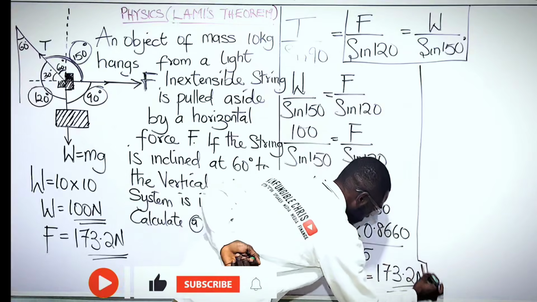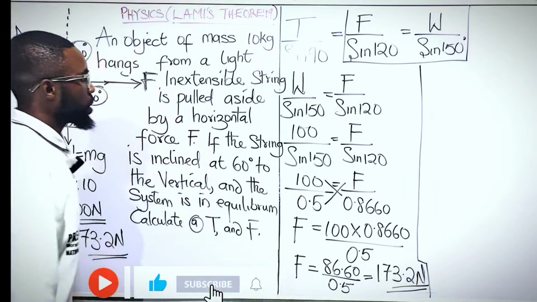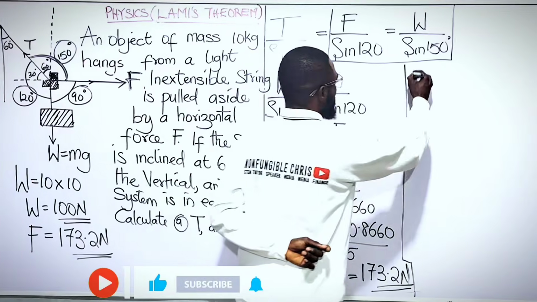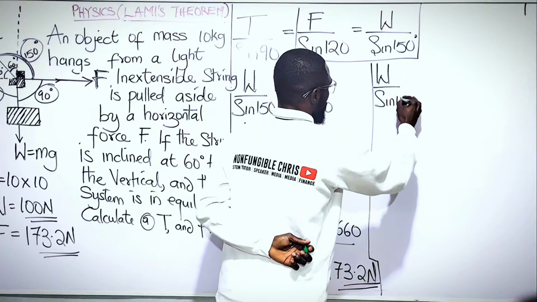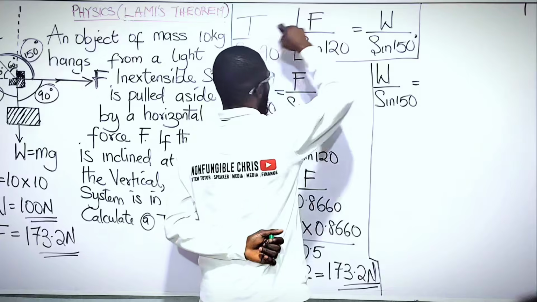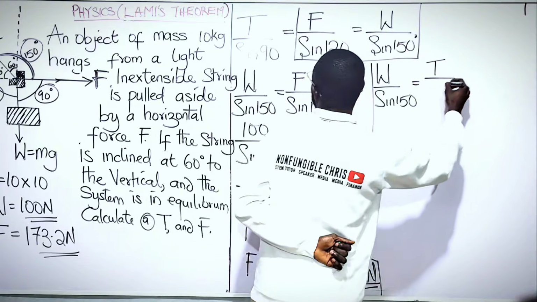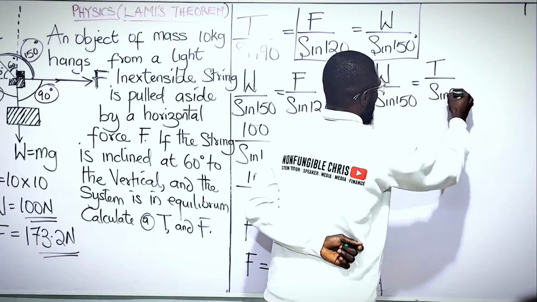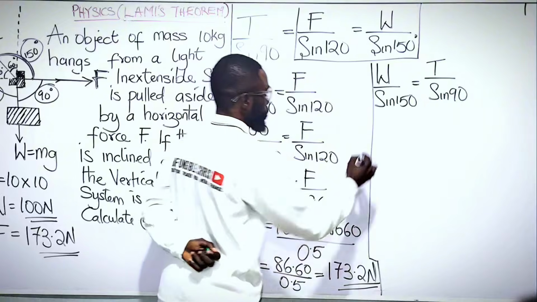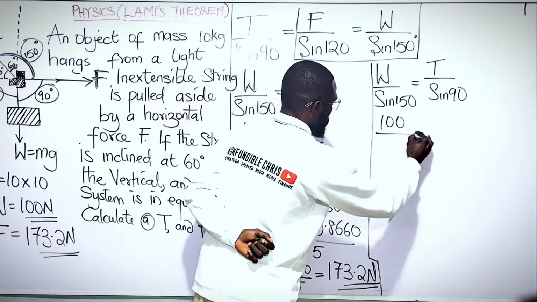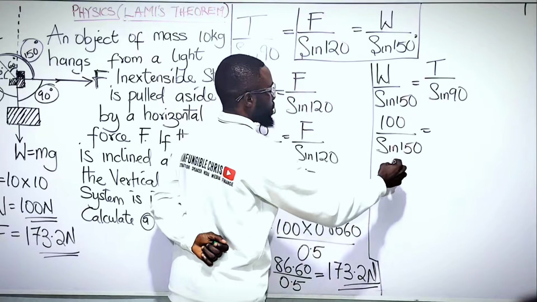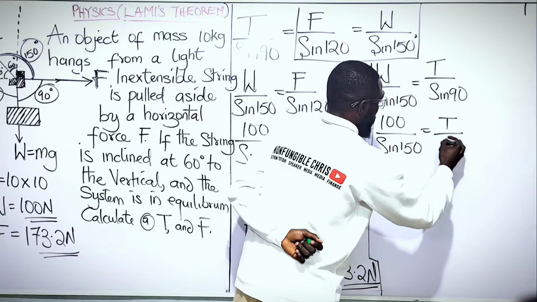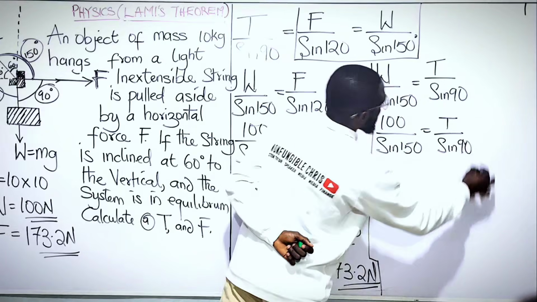We use the same thing to find the value of T. If I take this as my line, I can now say that W over sine 150 is equal to T over sine 90. Of course, our W is 100 over sine 150, and T over sine 90.